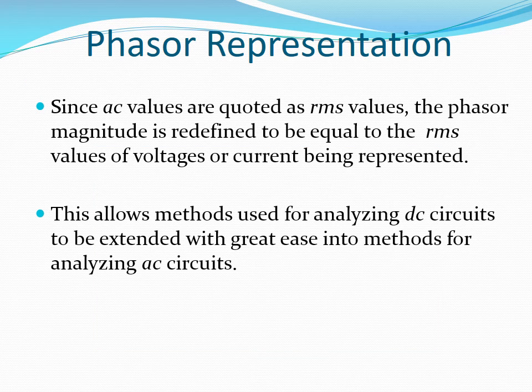Since AC values are quoted as RMS values, the phasor magnitude is redefined to be equal to the RMS value of the voltage or current being represented. This allows methods used for analyzing DC circuits to be extended with great ease into methods for analyzing AC circuits.